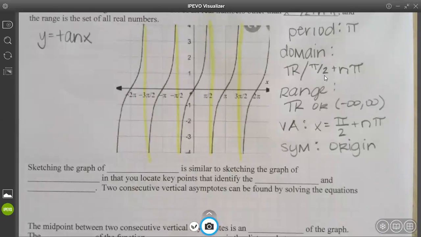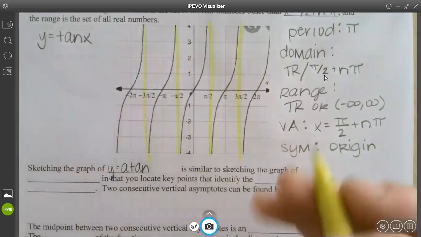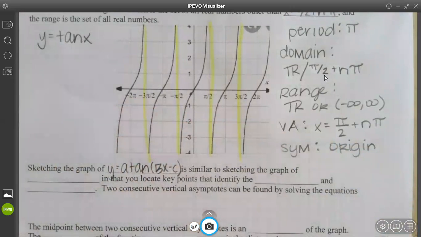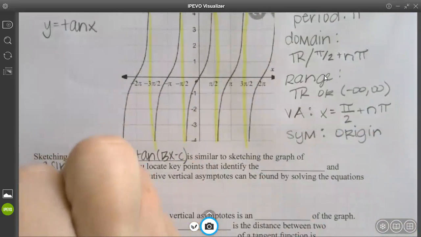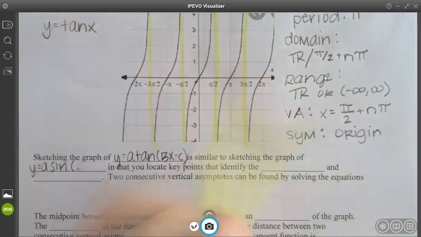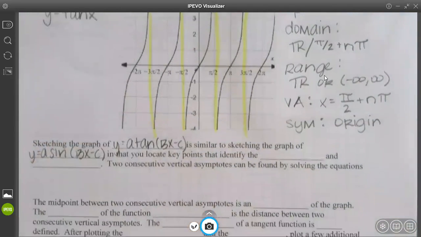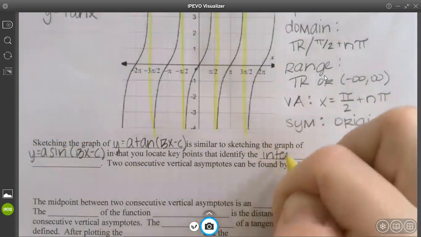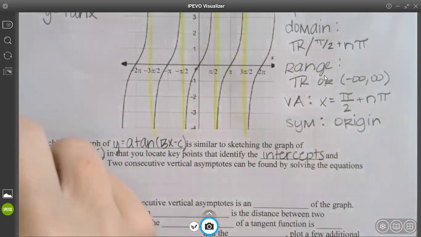All right. Sketching the graph of y equals a tan(bx minus c) is similar to sketching the graph of y equals a sine(bx minus c), in that you have to locate key points that identify the intercepts and asymptotes.